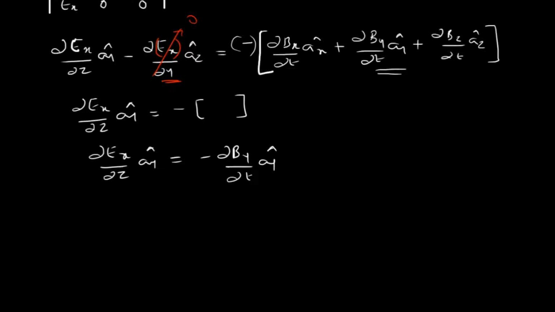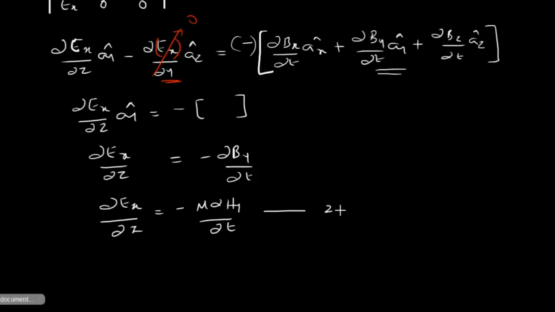So I just have to cancel out this ay cap term. So I get ∂Ex/∂z as this. Now writing it in better form, by substituting what is By, this can be written as minus mu ∂Hy/∂t. So for my later reference, let me take it as equation number 2.